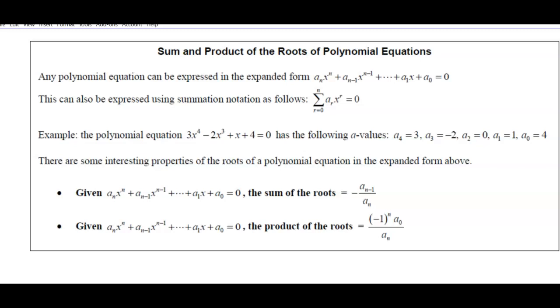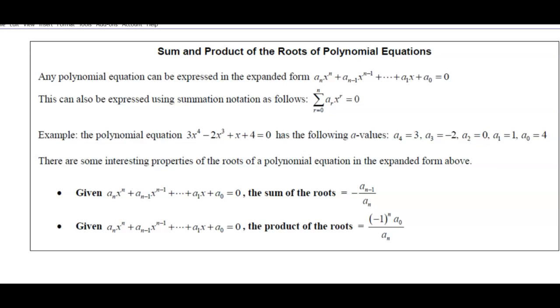The leading coefficient is 3 of the degree 4 term, so we would call that A sub 4. Then the cubed term, coefficient of -2, take the sign in front. There is no squared term, so A2 is 0. The next term is just x, so A1 is 1, and the constant term is 4.